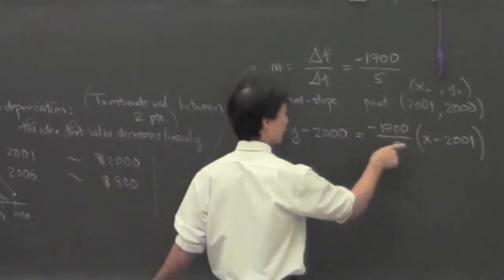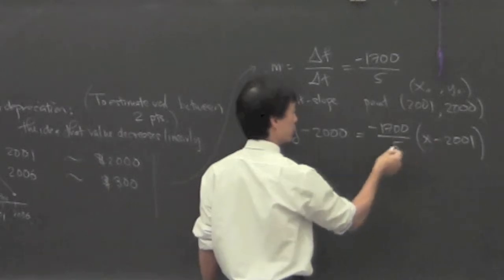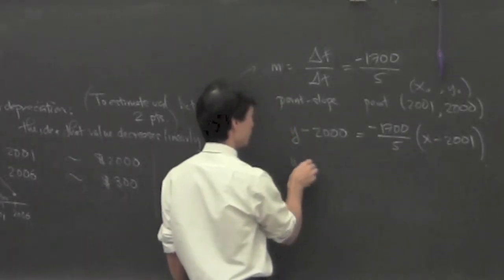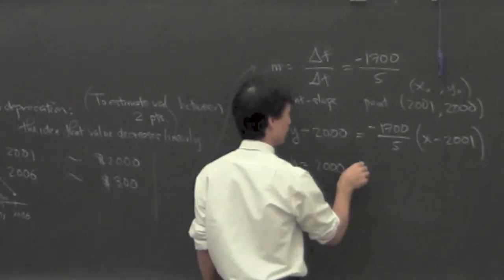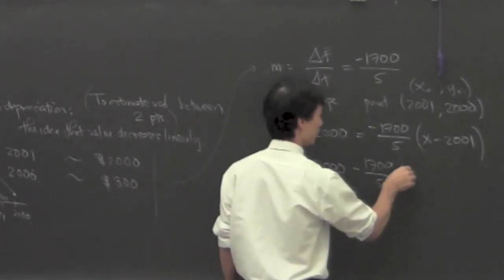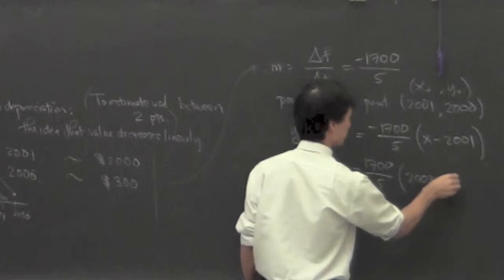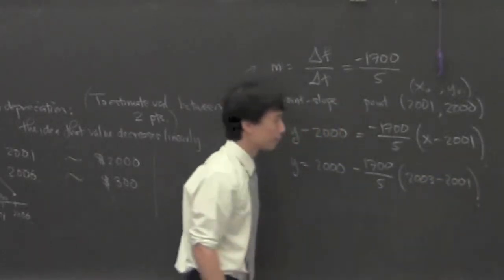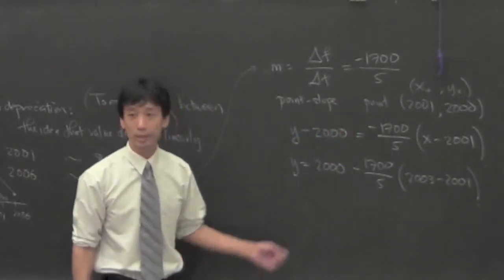So we want to do that, as Lisa says, at 2003. So y is going to be 2000 minus 1,700 over 5 times 2003 minus 2001. And that's the end.